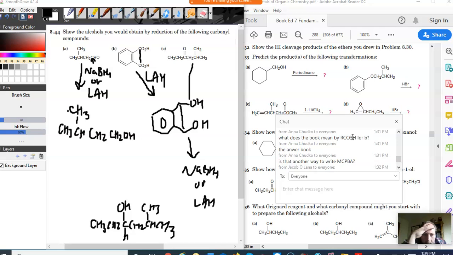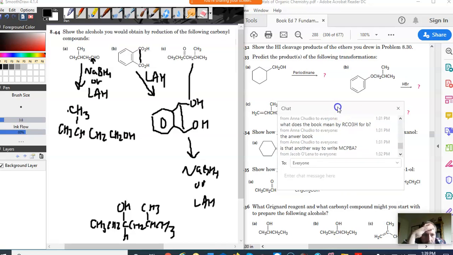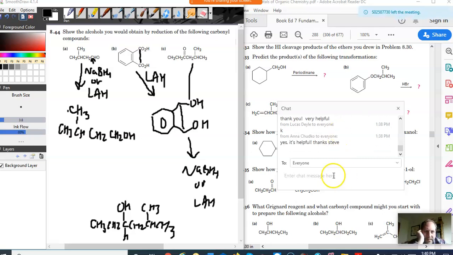I had my chat box up, but for some reason it wasn't updating. Yes, mCPBA on step A. Jacob asked on steps A and D, is it okay to just put H plus? Peroxy acid, yes, they're interchangeable. Lucas, Anna, thanks. Okay, good. Sorry about that, guys.